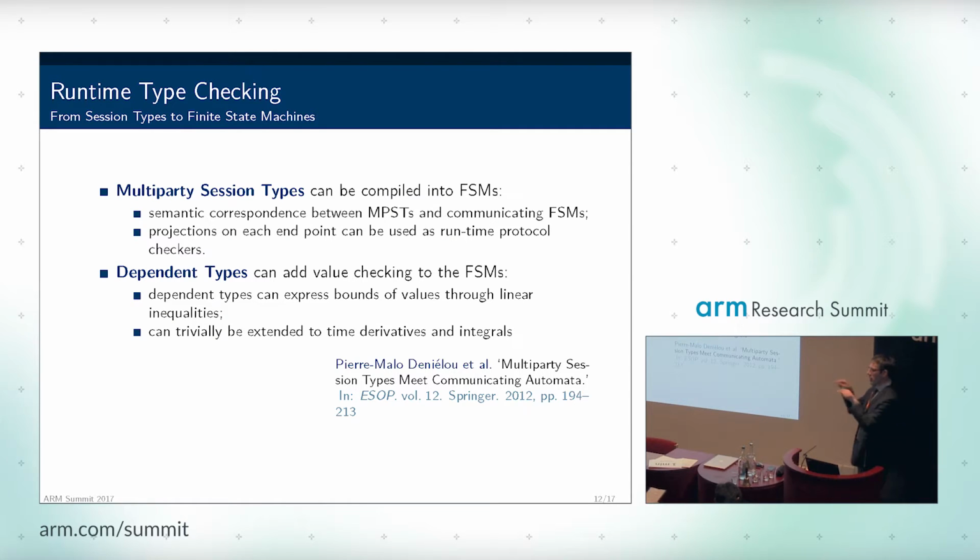So if you wrap your black box into a wrapper that has this checking state machine, then whenever this black box tries to do something that doesn't follow your protocol, you can stop it from doing that. So that's the main mechanism that we intend to use to keep, let's say, untrusted components from doing any harm to the system.